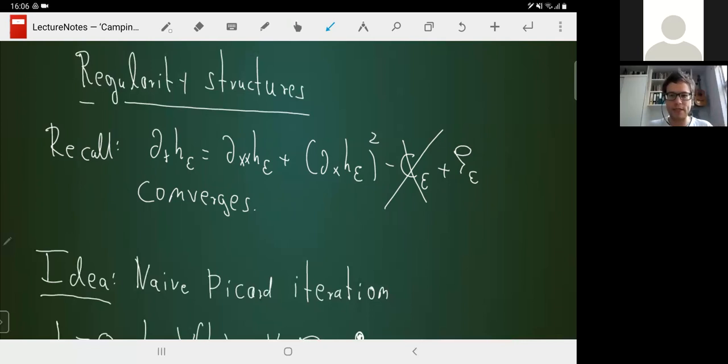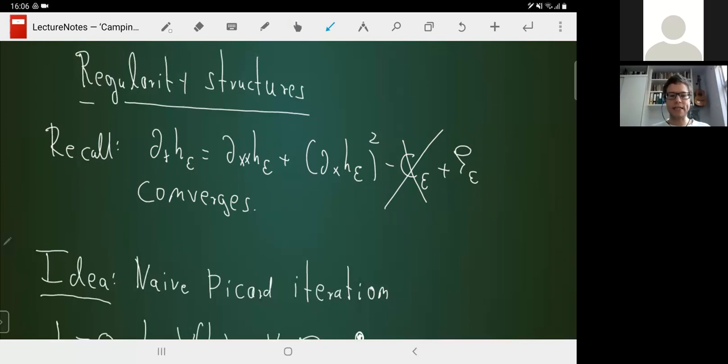What I mean is, a priori, we only know that psi epsilon maybe converges to psi. What happens if we knew that psi epsilon converges to psi and maybe some nonlinear functions of psi epsilon also converge? If this were true, then the sequence of equations converges.